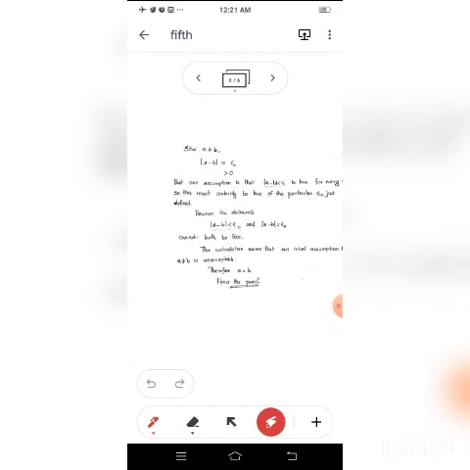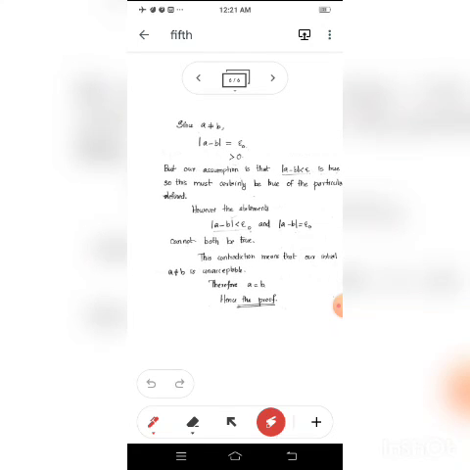So, since a not equal to b, there exists a difference. If we take a equal to 10, b equal to 5, then the difference must be 5.